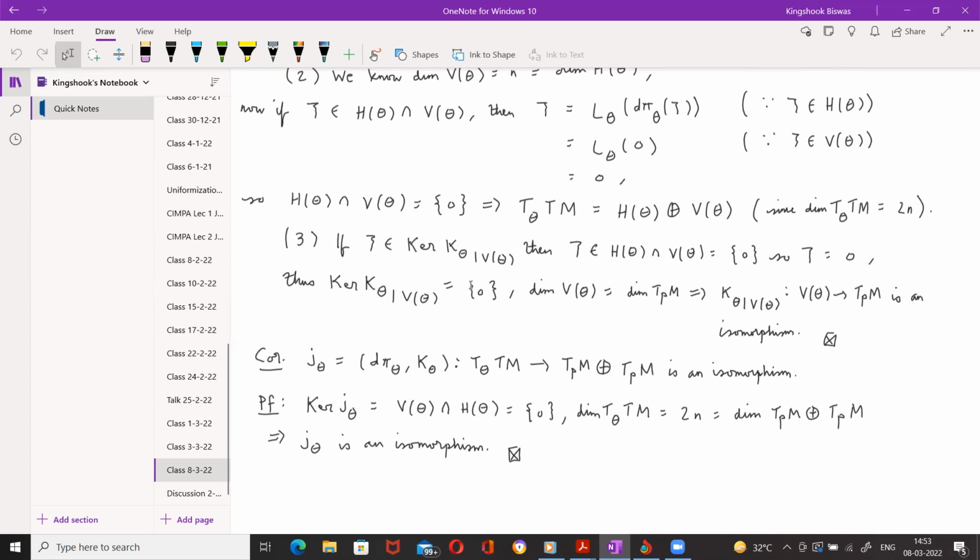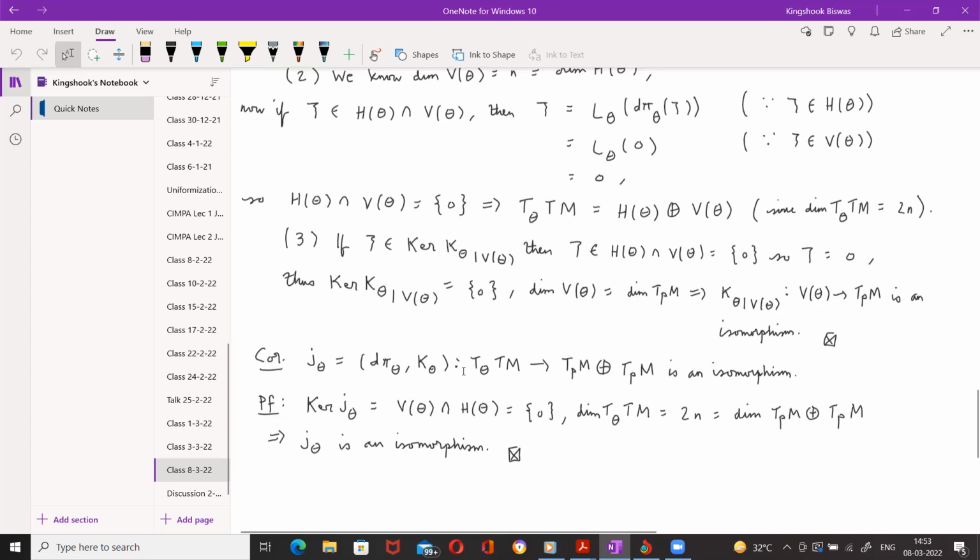Therefore, since the dimension of v theta is the same as the dimension of TpM, this means that k theta restricted to v theta, from v theta to TpM, is an isomorphism. All right, so that gives us the third part of the corollary. Is this fine? Yes, sir.